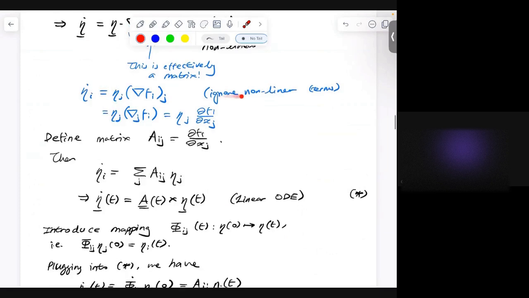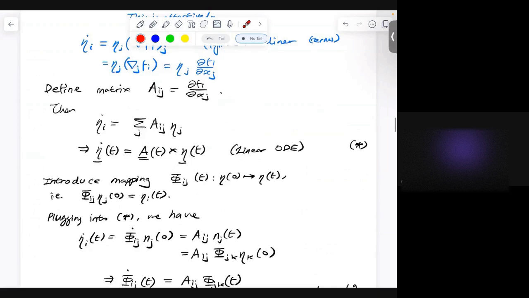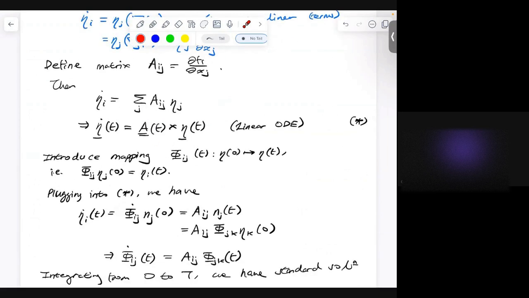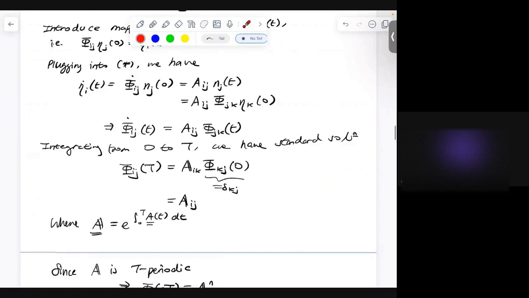You define this matrix A to be the matrix you get from differentiating the ith element of F with respect to xj. As I said before, you'll get matrix multiplication. You introduce some mapping capital Phi of T, and you essentially get an ODE here, which has a standard solution.